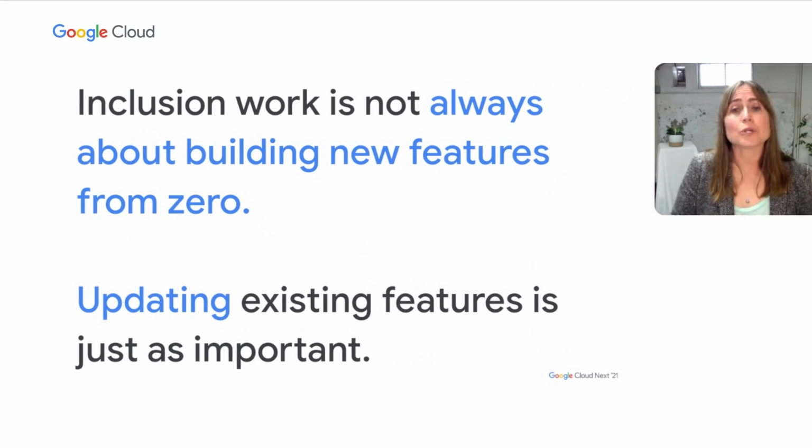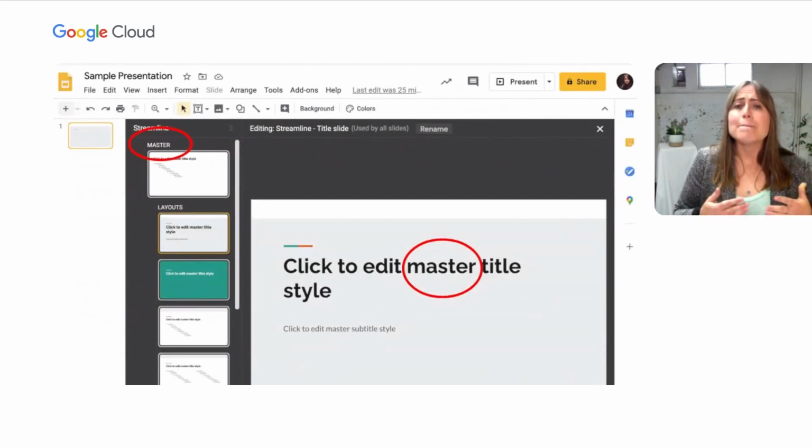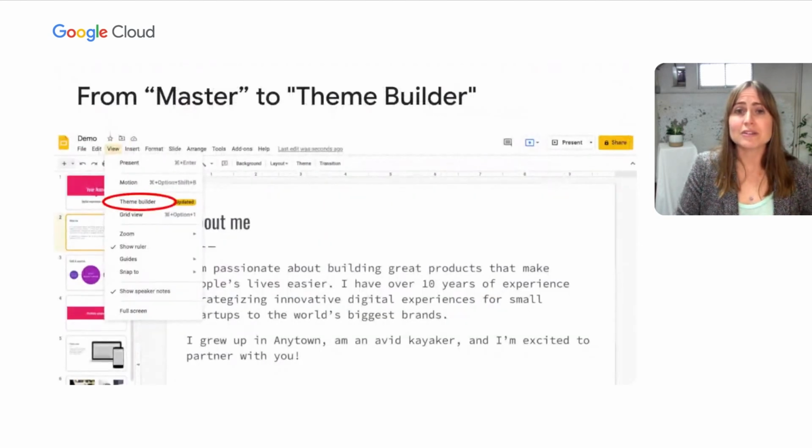One example is the work recently done in Google Slides. In June, the Slides team changed the term master to theme builder, which better articulates what the user is doing. Master was used as a way to define the style of the slide deck. It's a term that was standard in the industry when creating presentations.